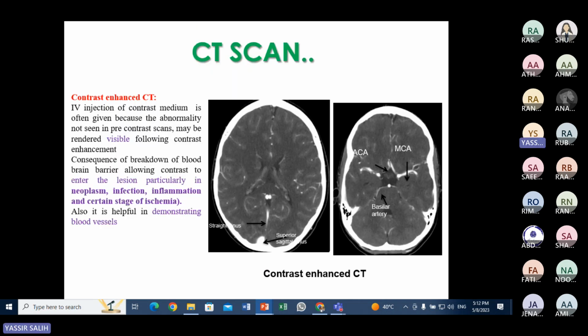Of course, all of you also know that CT may be done with contrast. This is called non-enhanced CT for the brain, for example, or it could be done with contrast.